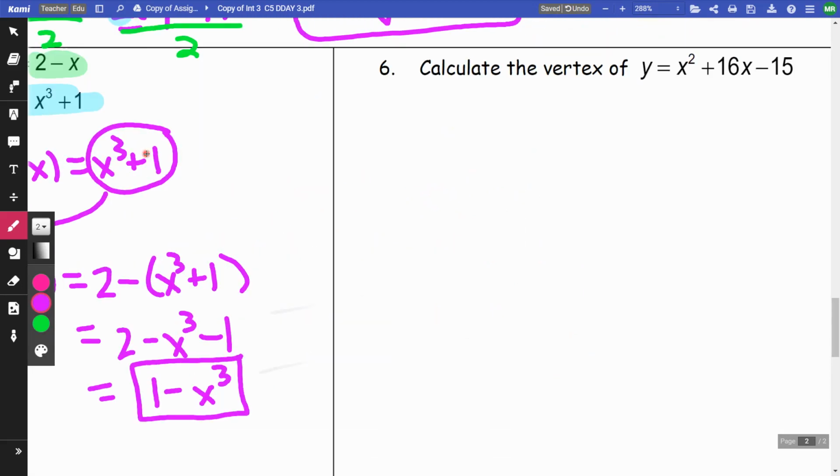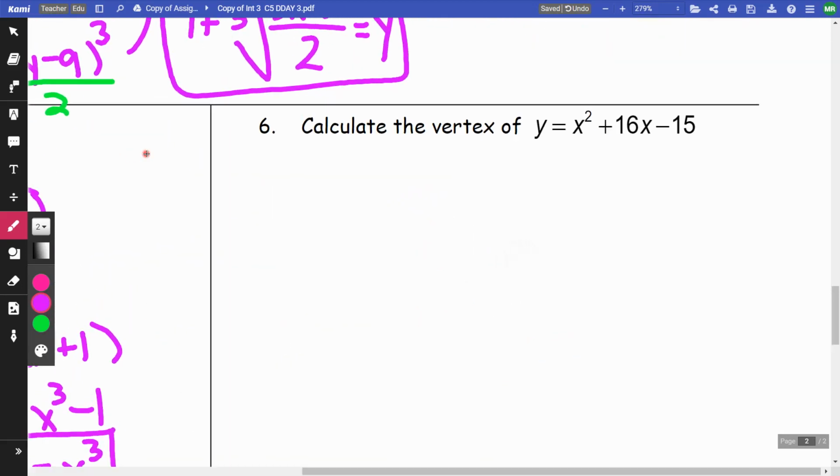So on number 6, we're going to find the vertex. I'm going to use completing the square. So first thing I'm going to do is just take that 15 and add it to the other side so that I can complete my square easier. So I'm going to go y plus 15, give myself some space, is equal to x squared plus 16x.